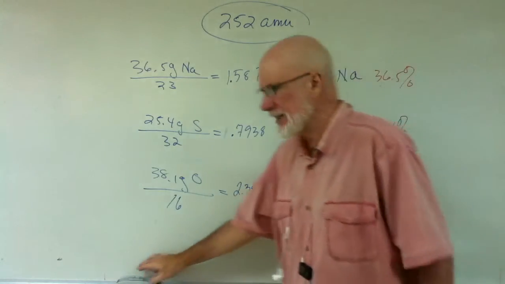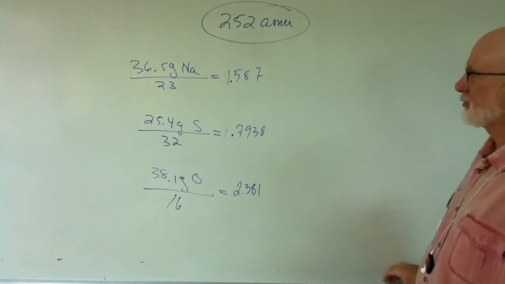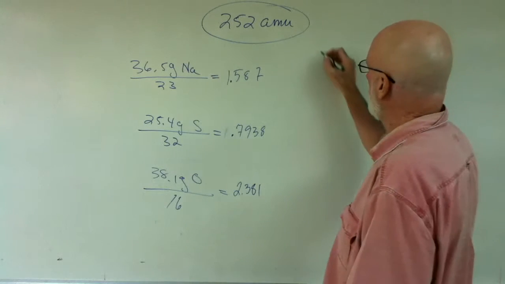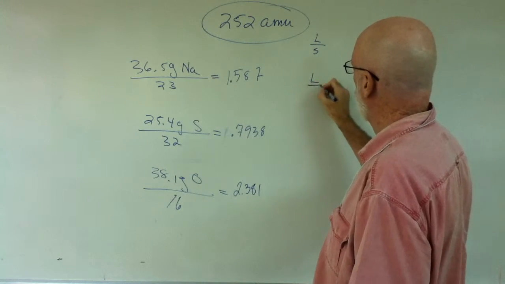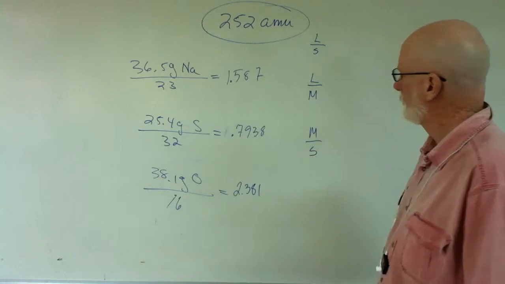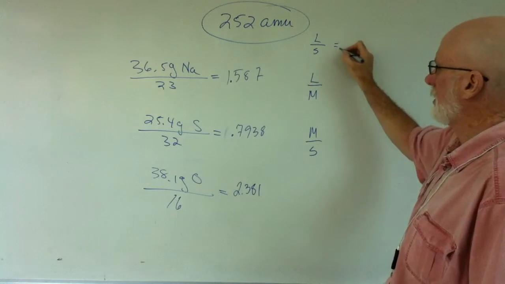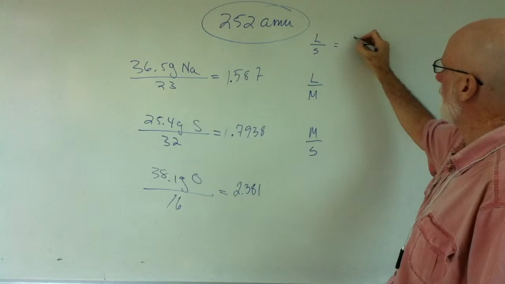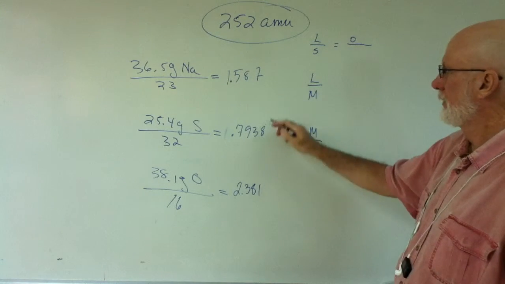Now you come up and you do your ratios. Make up 3 ratios, okay? Large over small, large over medium, and then medium over small. Those are going to be your 3 ratios, okay? So what's the largest one? Oxygen, right? So oxygen over what?